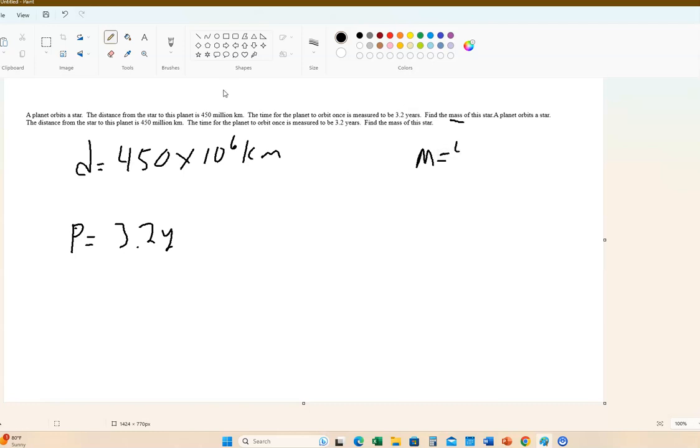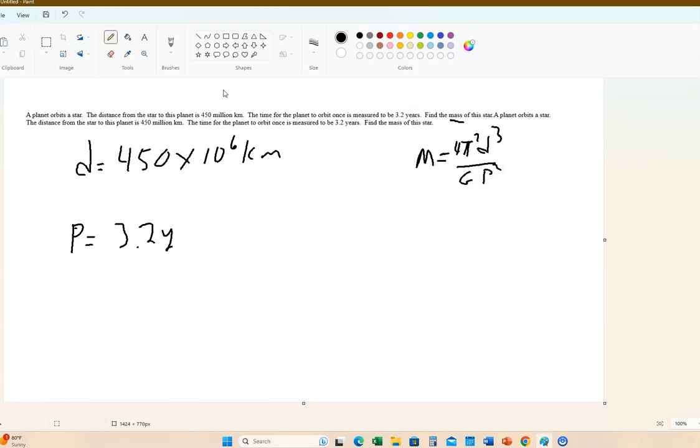So this is 4 pi squared, the distance cubed, divided by big G, divided by the period squared. There are a couple of things we have to realize.